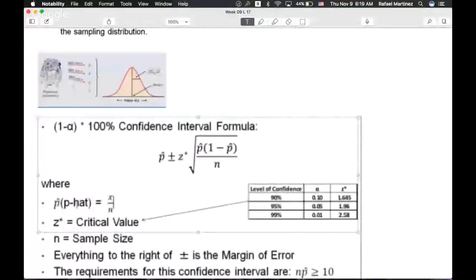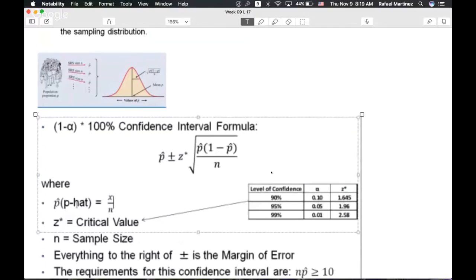So did you use n squared times p times 1 minus p? No, I used z times the square root of p hat times 1 minus p hat, over n.